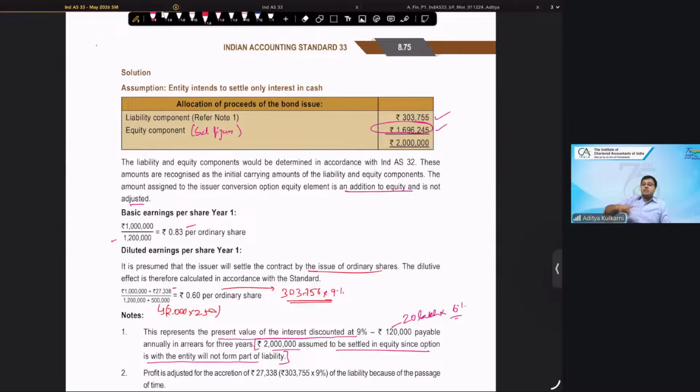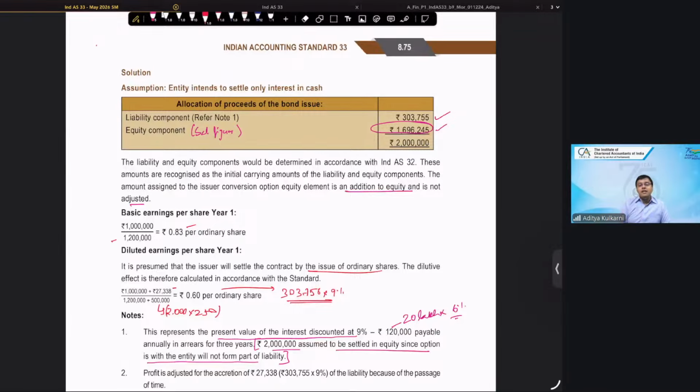Your contingency period may end after 5 years. But for the purpose of diluted EPS, you will assume that the current period is the end of the contingency period and decide whether they have to be considered as potential equity shares or not. That is the first thing.